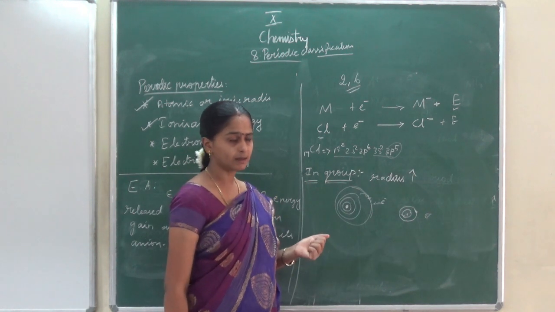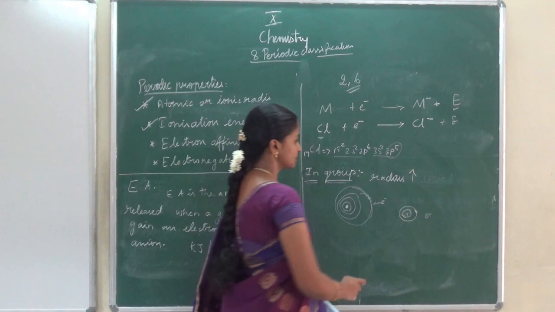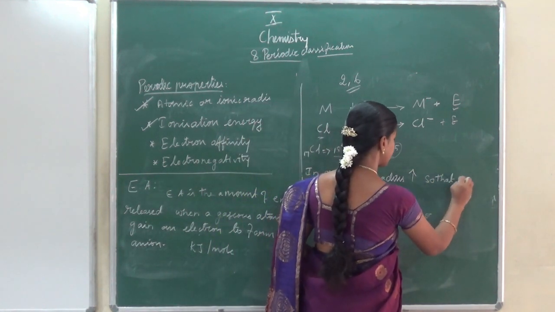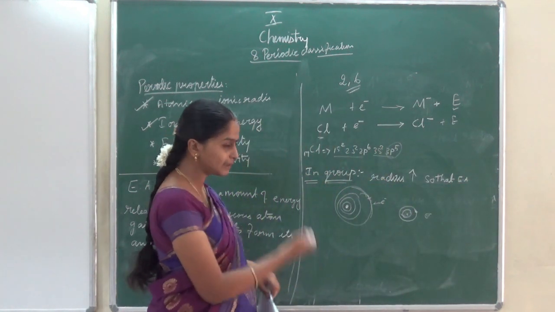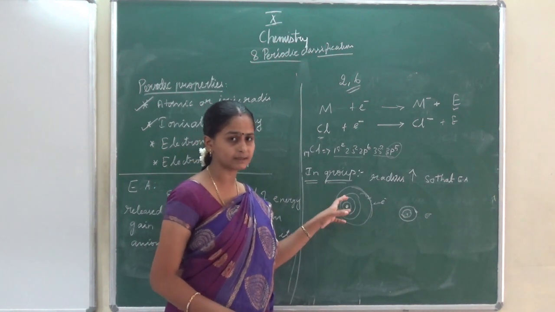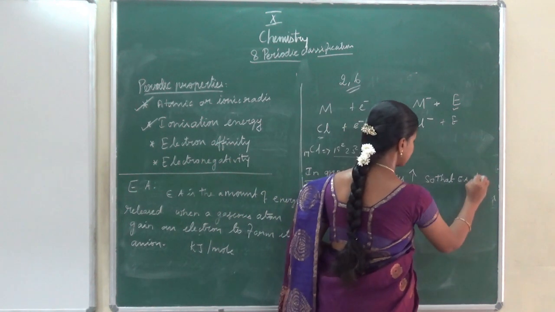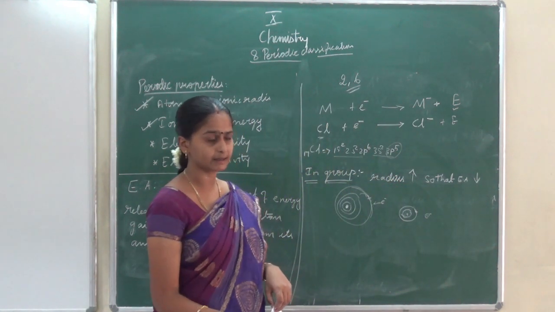Can you understand? So in group the radius is increasing, so the electron affinity, the attraction towards the electron, will decrease. Why is it decreasing? The nuclear charge effectiveness is decreasing. So remember, when radius increases, the affinity towards electron decreases.